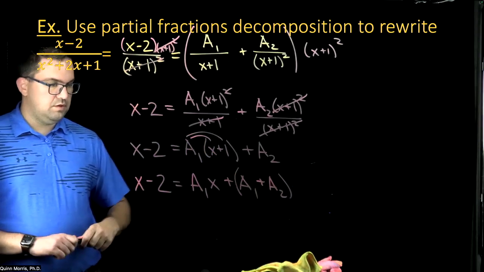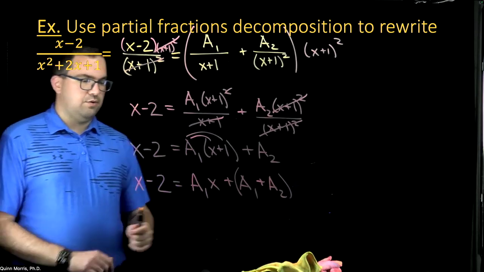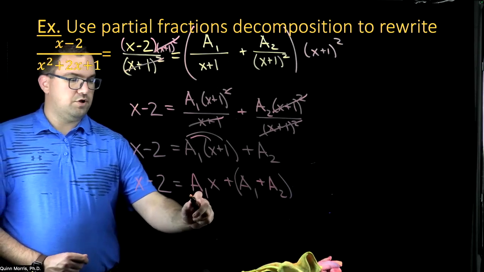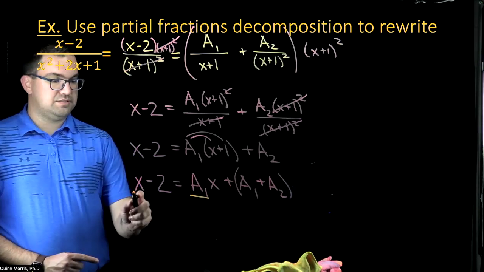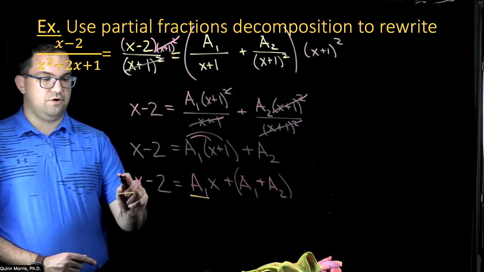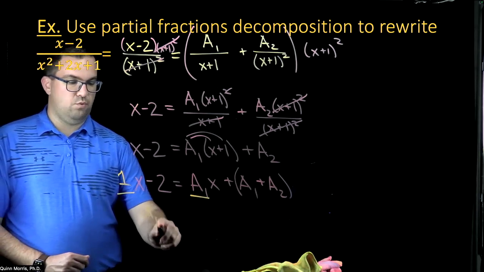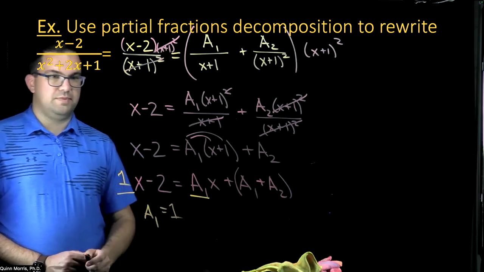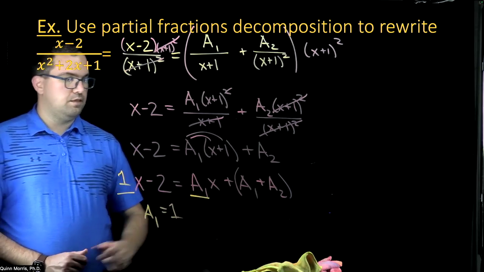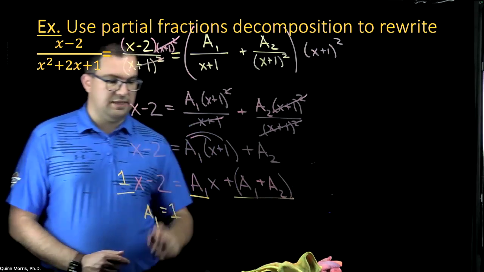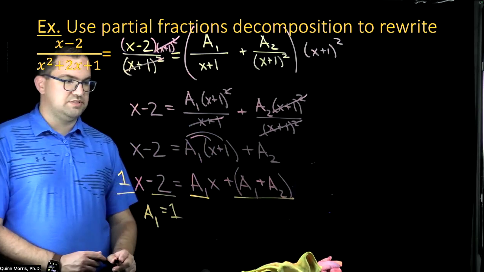Now if these two things are going to be equal, then the coefficient of x here has to match the coefficient of x sitting here, and that coefficient is 1. So that tells me that a1 ought to be equal to 1. Likewise, the constant term sitting here has to be equal to the constant term sitting here.